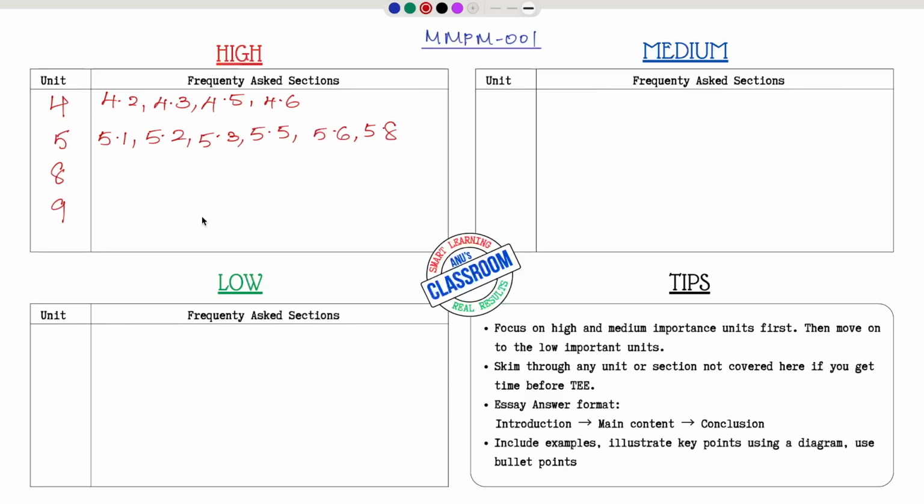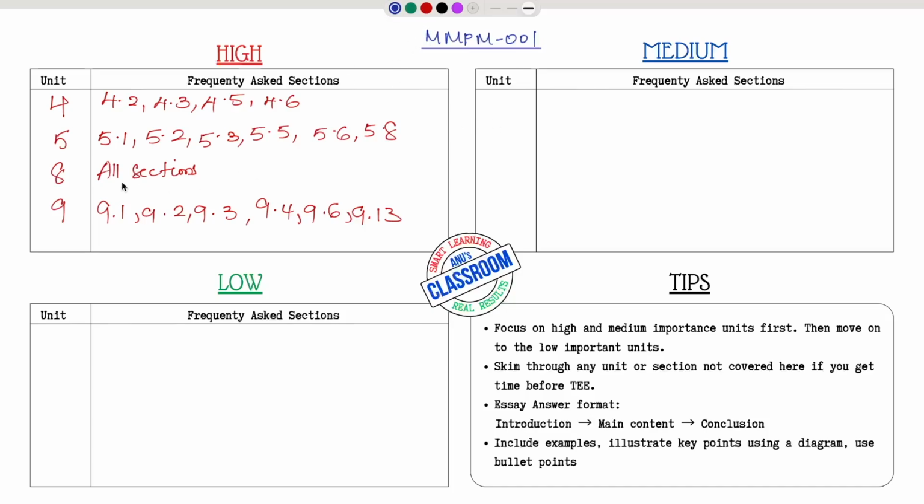So I am not narrowing down to any particular section here. I'm just mentioning all sections as important. But in unit 9, I can narrow it down to 9.1, 9.2, 9.3, 9.4, 9.6 and 9.13. You can focus on these sections first before you move on to any other.